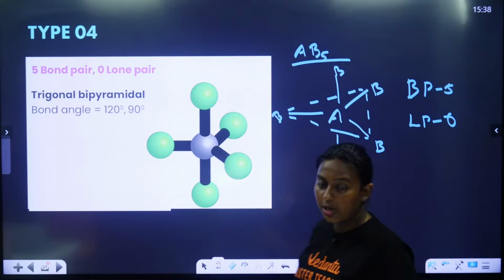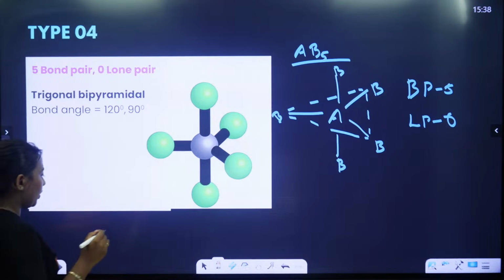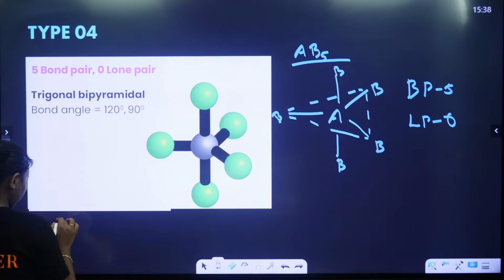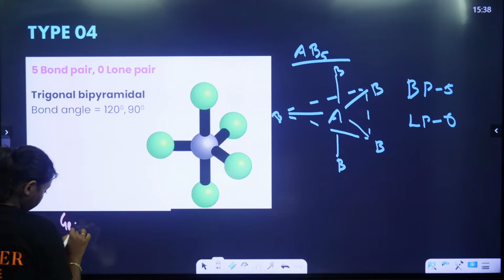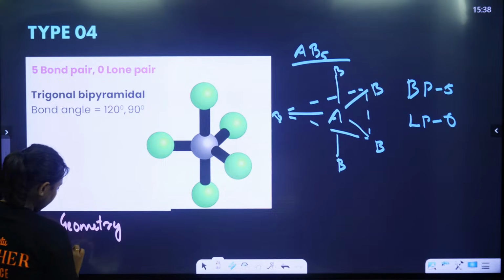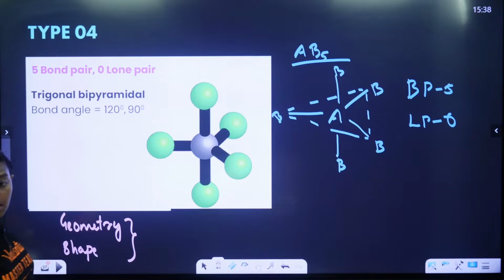Geometry and shape are similar, because there is no lone pair. So what is the geometry and shape?